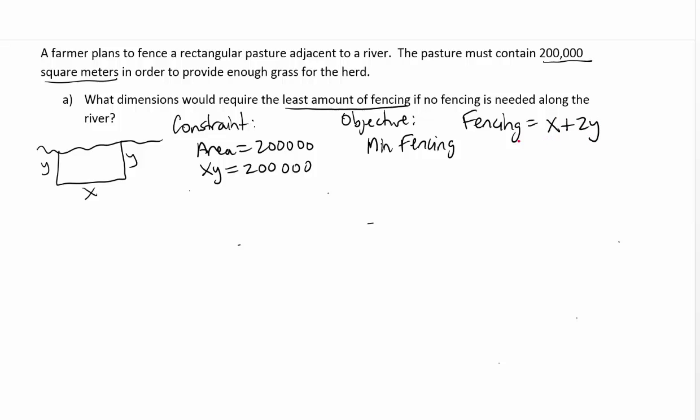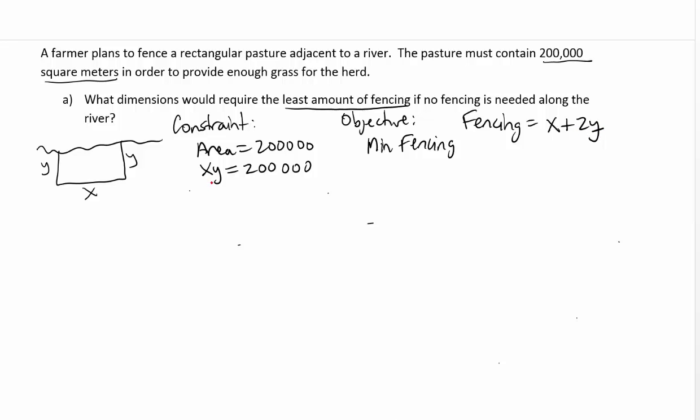Now right now, that objective function has X's and Y's in it. So we need to get rid of one of those variables, either one, and resubstitute back in terms of the other variable so that we can figure out how to find this min. My tradition is usually to get rid of Y. It really doesn't matter.